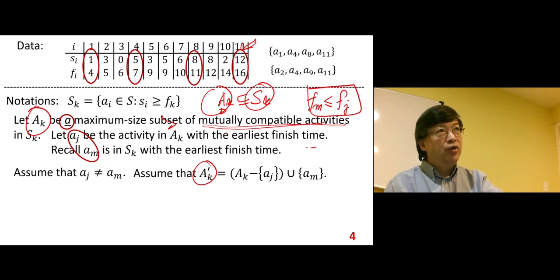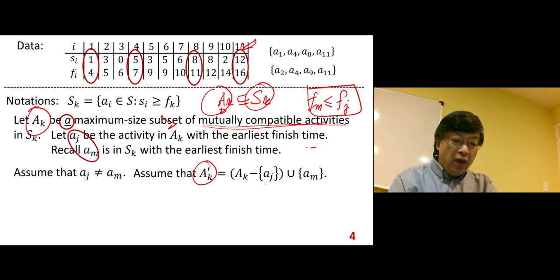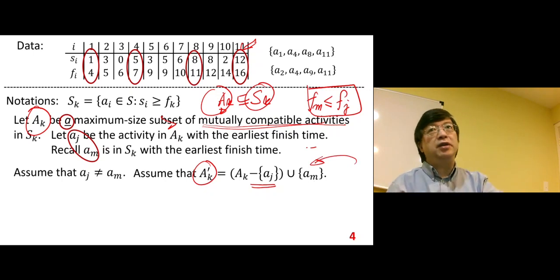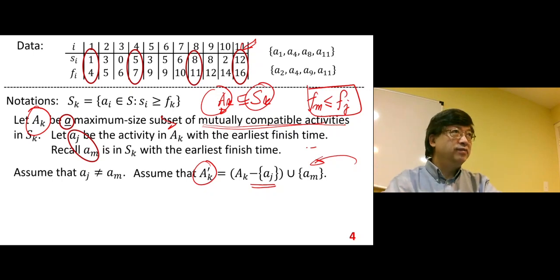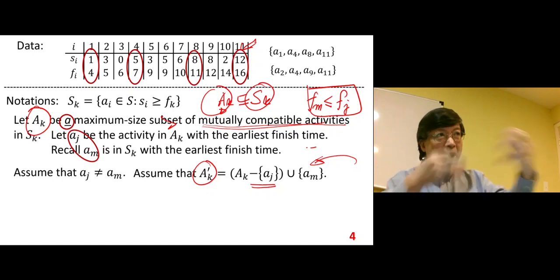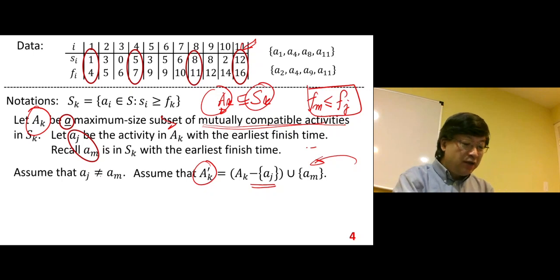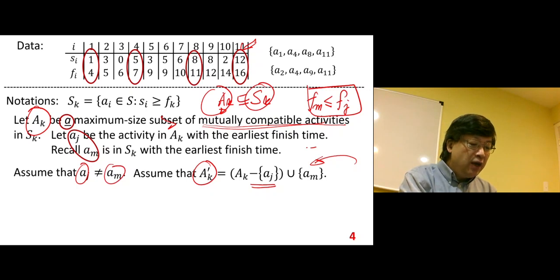How do we modify it? We remove AJ activity from capital AK, then we add AM into that set to get a different subset. We can do that, right? Because AJ and AM are different, we can replace AJ in capital AK by AM.